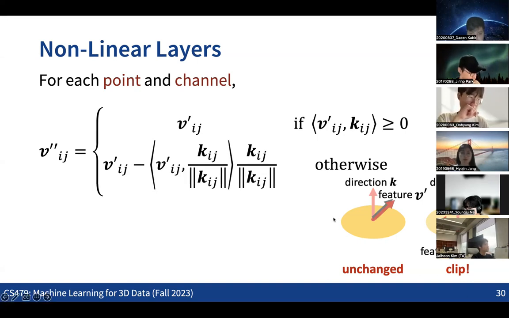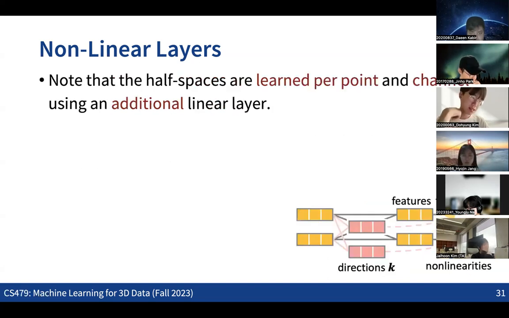Yeah. So this is the simple idea for achieving rotation equivariance in the activation function. The one major difference from the 1D case, with the Bernoulli pointed at, is that now we are not using a predefined half space, but a learned half space, given for each point and channel.